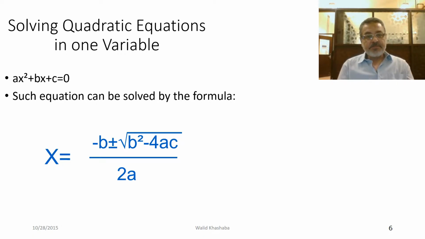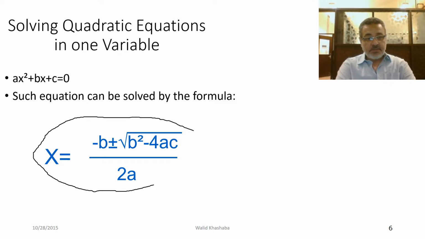But this formula will help in any kind of quadratic equation, and we're going to use it many times because it has many functions. x will equal negative b plus or minus root of b squared minus 4ac, over 2a.